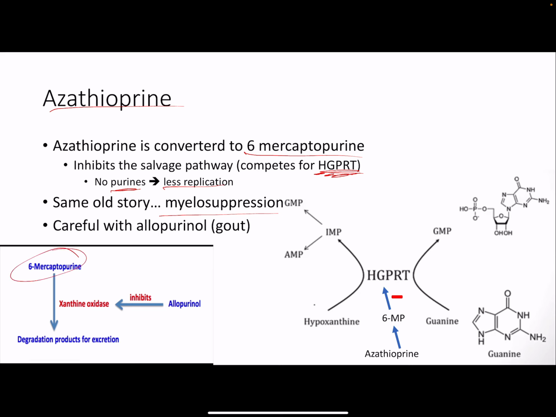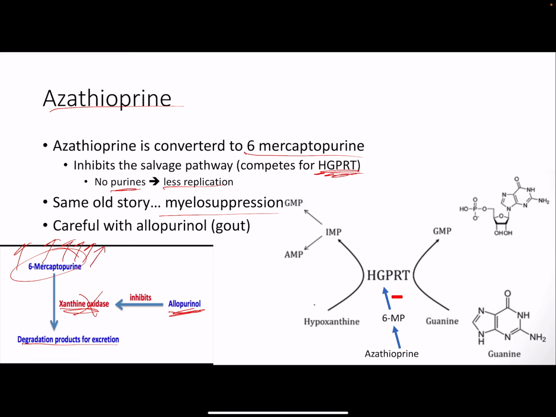Now, 6-mercaptopurine is degraded through the mechanism of xanthine oxidase, which might sound familiar because if you have gout, we want to inhibit this, and we inhibit this with allopurinol. Well, if I inhibit this with allopurinol, now I just have these levels build up. And it depends.